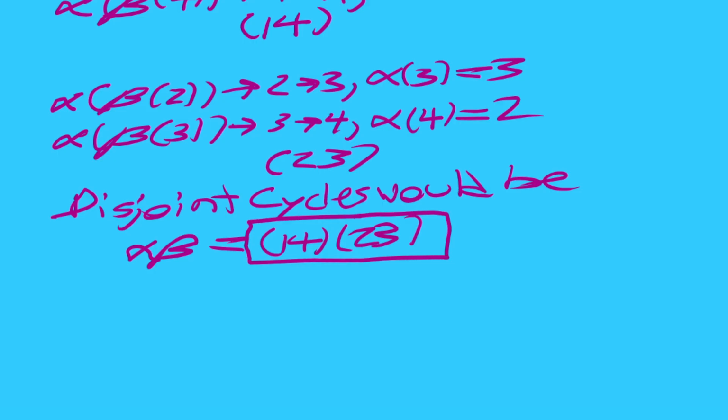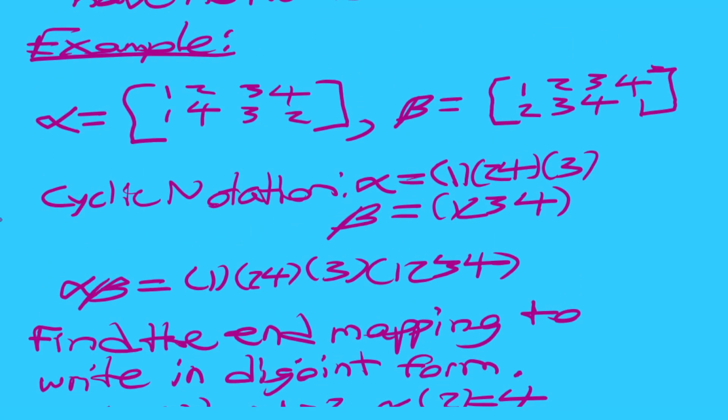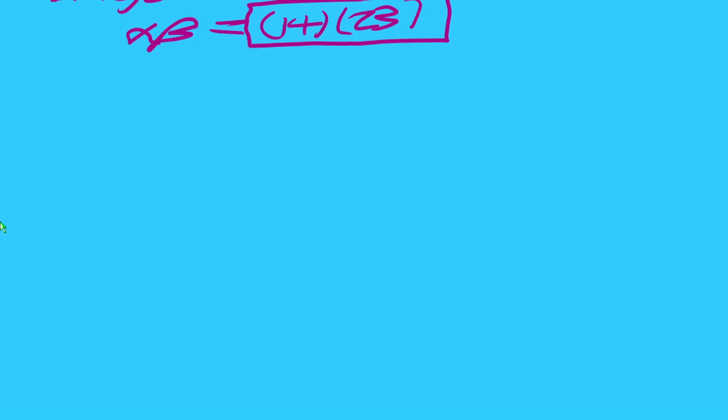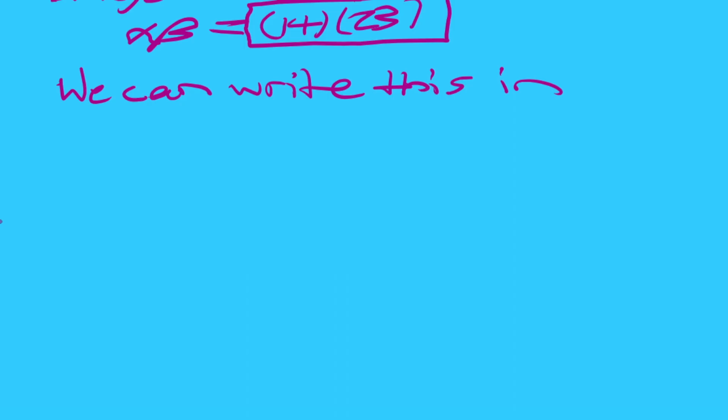So what's great about writing it this way is that you don't have as many elements to consider, and you still get the same mapping in the end as you did for this alpha beta. All right, so we can also write this in array form too.